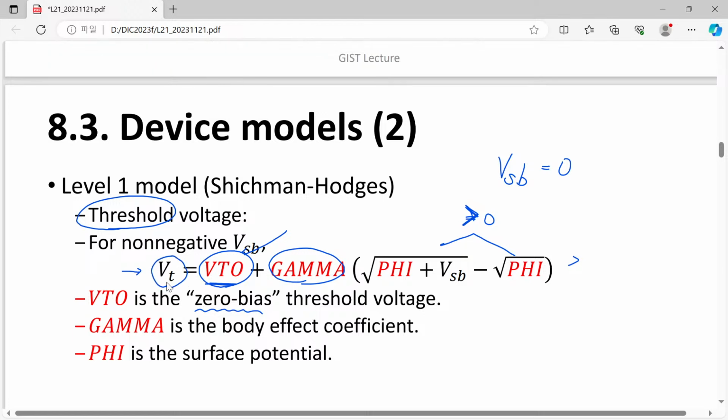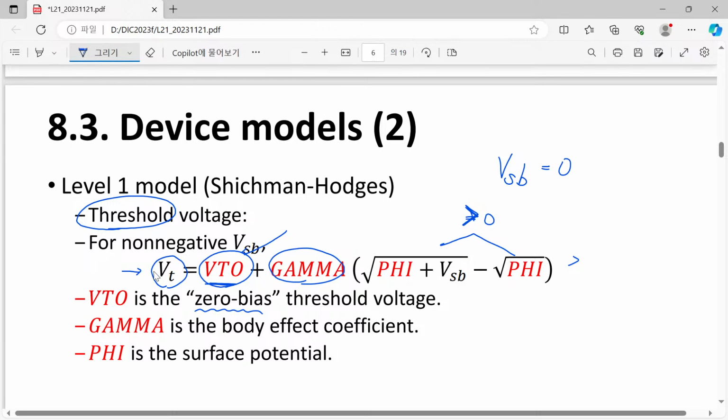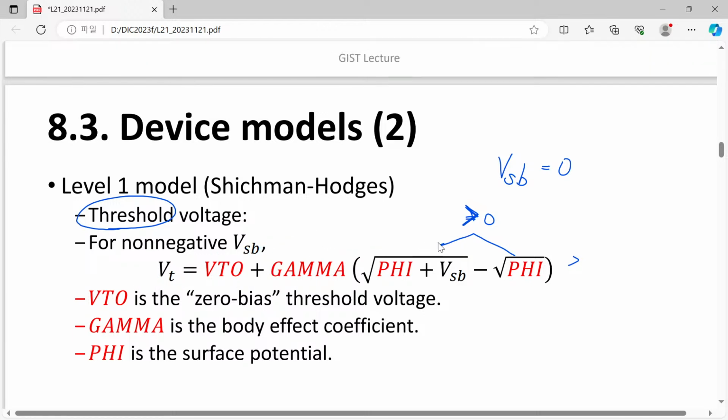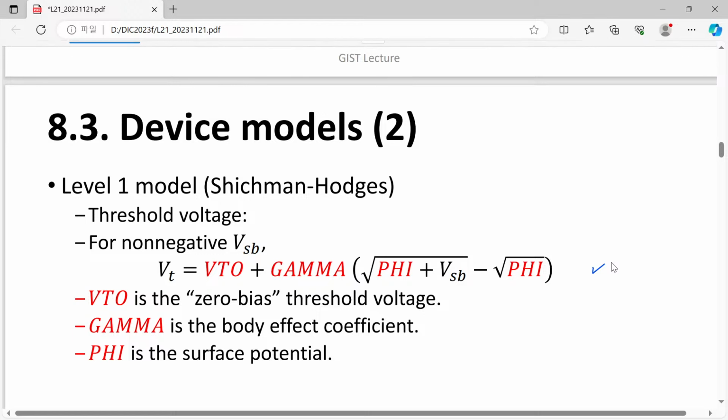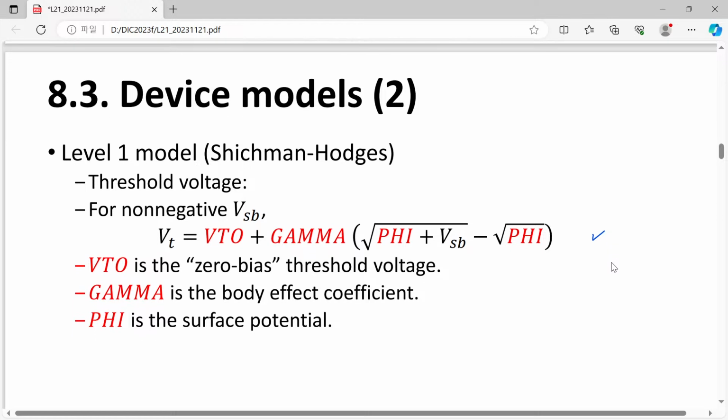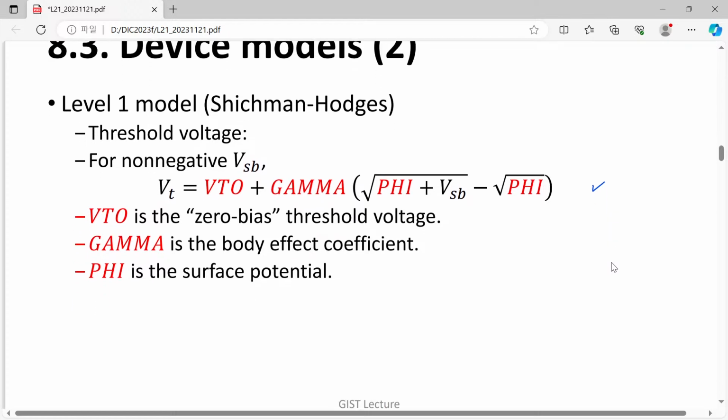So for applying positive source to body voltage, we can expect the threshold voltage to increase, and that is related with the PN junction between our source and substrate. You can easily understand this one. Actually, you have already seen this expression in the previous lecture with a slightly different notation.